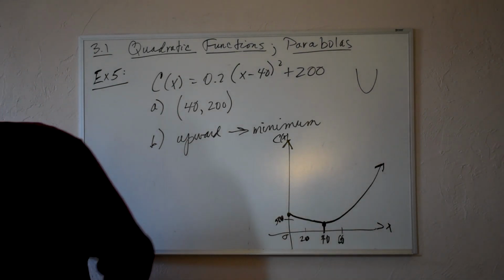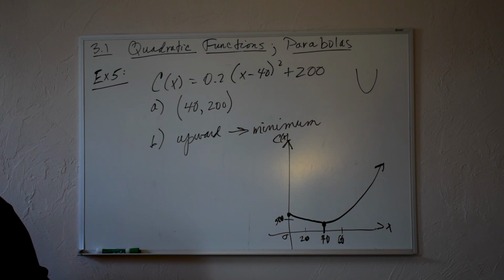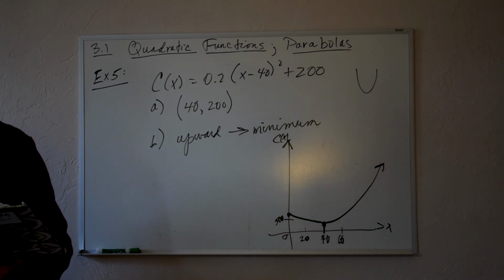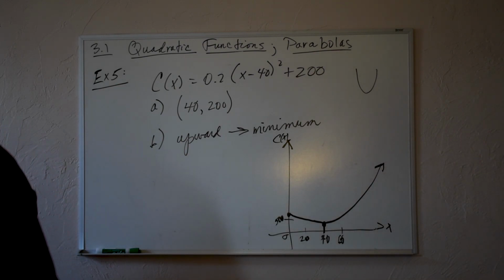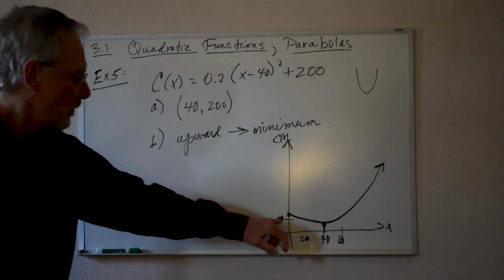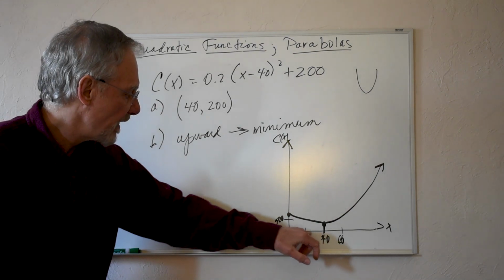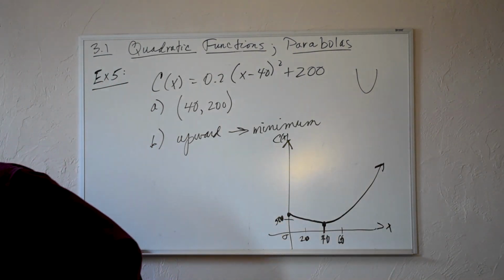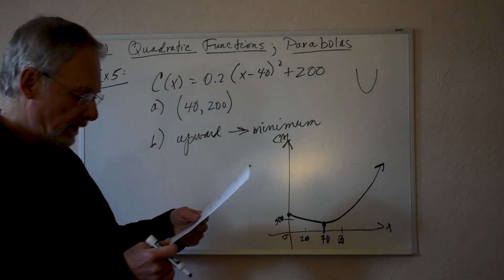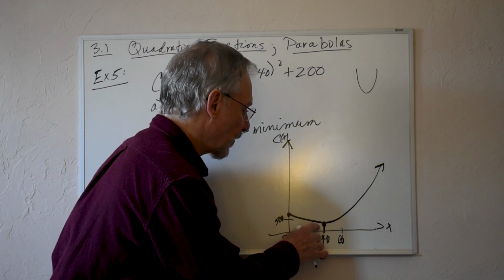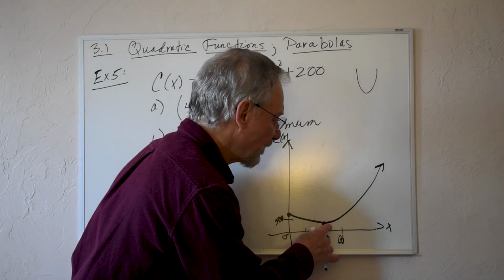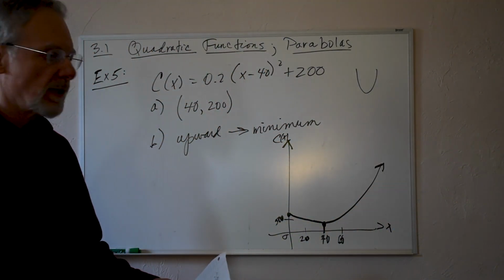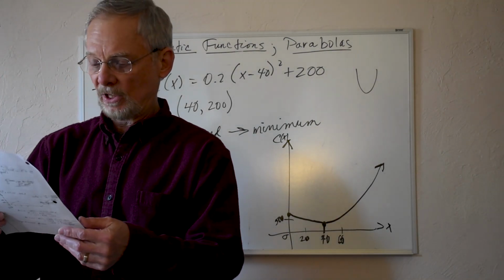So that means cost is decreasing over that interval. So up to making, what is it, 40 hats? Cost is decreasing per hat, but after that, when we start making more hats, cost is increasing. So that's what that tells us.